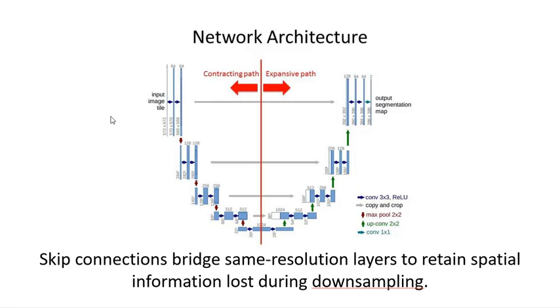The contracting path learns context, while the expanding path restores spatial resolution. A key innovation is the use of skip connections that copy feature maps from the contracting side and concatenate them with upsampled features. This helps the network retain precise location.